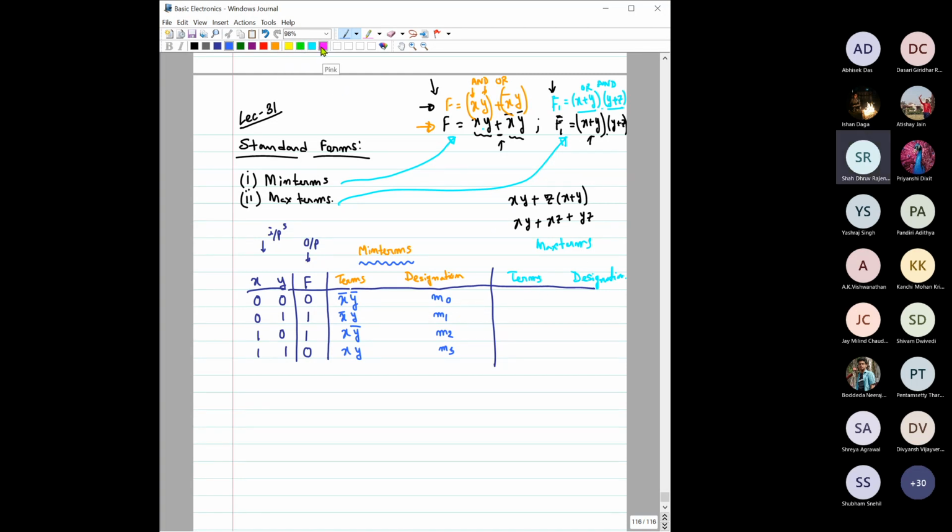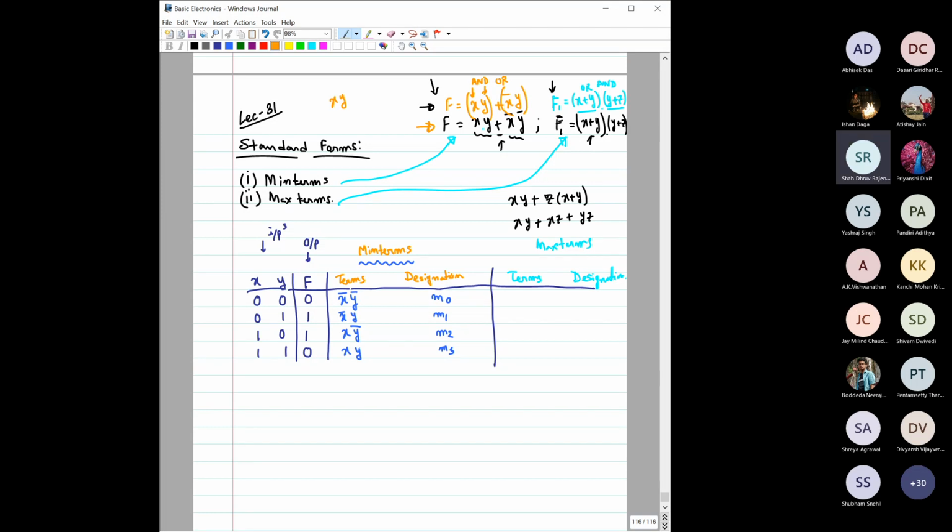Sir, I don't get how you are writing the terms. Like for the first you wrote x bar, y bar, how, sir? Okay, so if I say this xy, what do you understand from this xy? Intersection. Intersection, like in the Venn diagram? Multiplication.